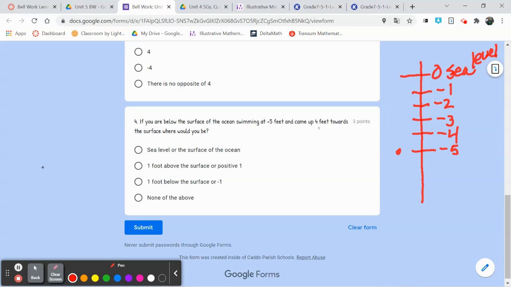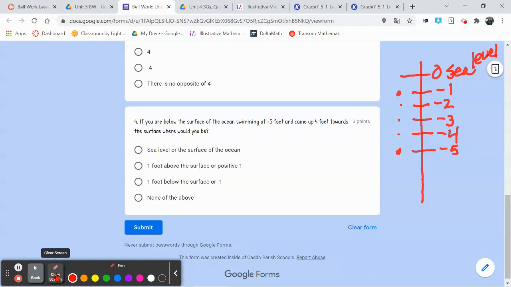And it said you came up 4 feet. 1, 2, 3, 4. There you are. Okay? So where did you end up? Sea level or the surface of the ocean? 1 foot above the surface of the ocean, or +1. 1 foot below the surface, or -1. All right, make sure you've answered those questions and submit.